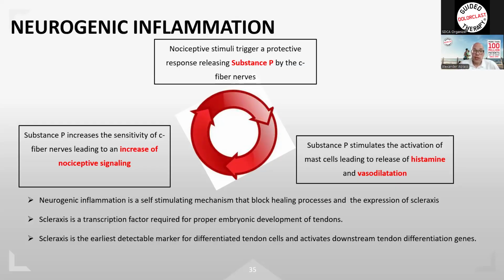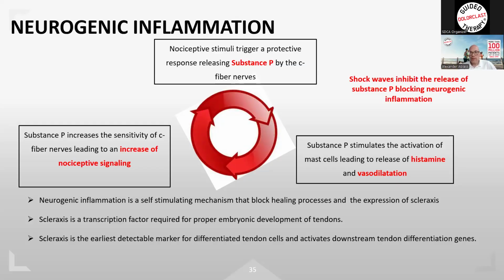We need to get rid of neurogenic inflammation in the tissue first, otherwise we can't produce proper healing. And we also know that scleraxis is a transcription factor which is required for proper embryonic development of tendons and is released in this signaling.